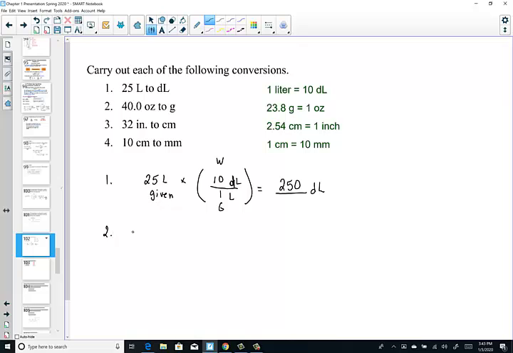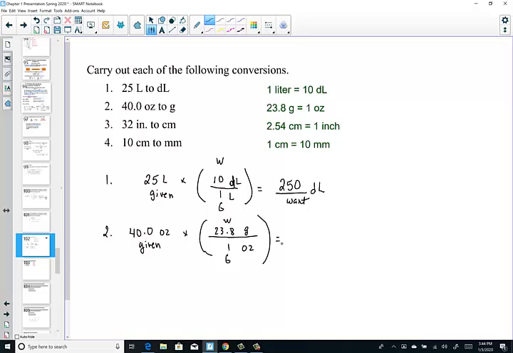Number 2, we have 40.0 ounces. That's our number given. We want to set up a conversion factor, placing the unit we want over the unit we're given. We were given ounces, and we'd like to know grams. I had to look this up, that in 1 ounce, there's 23.8 grams.